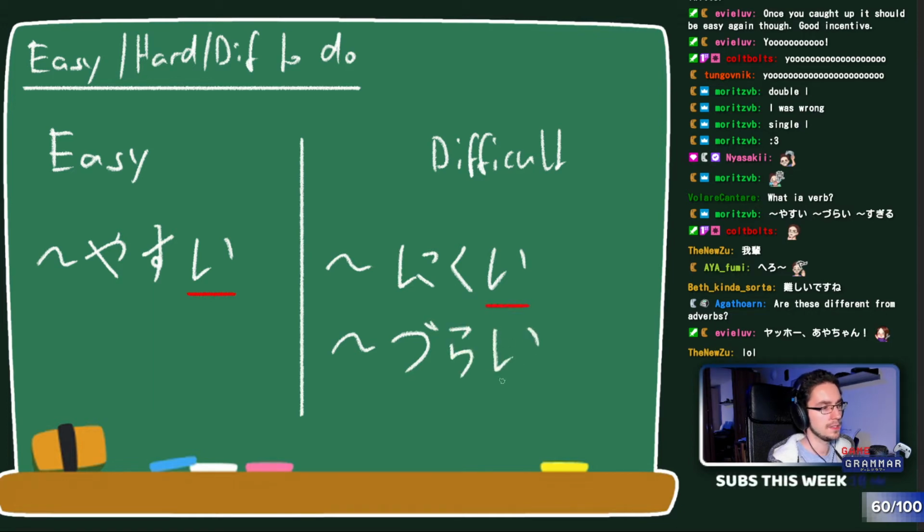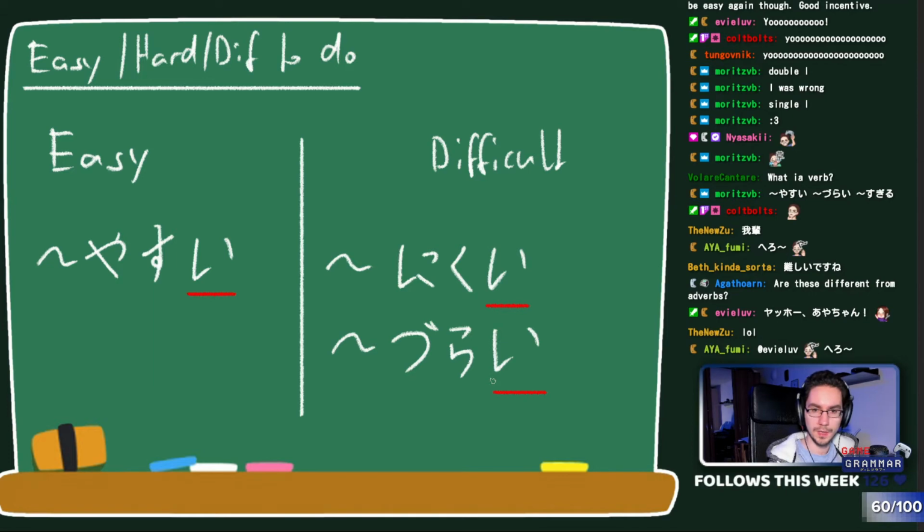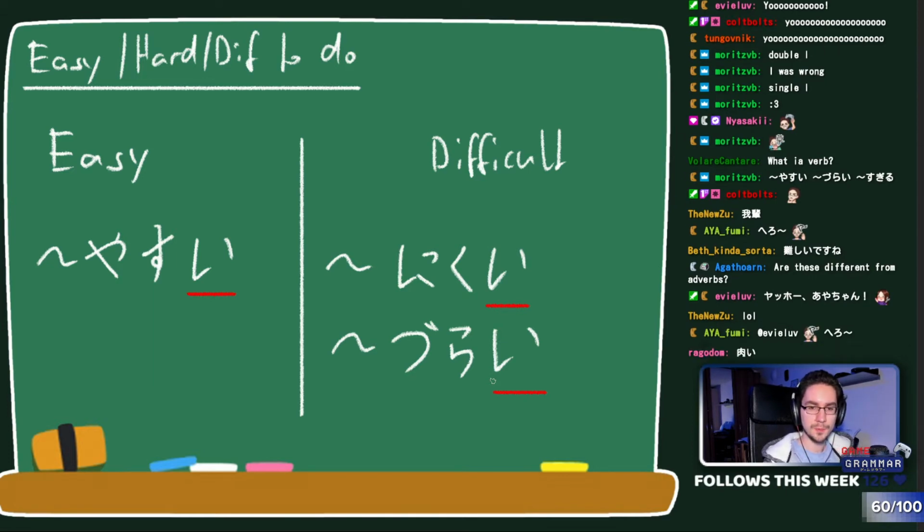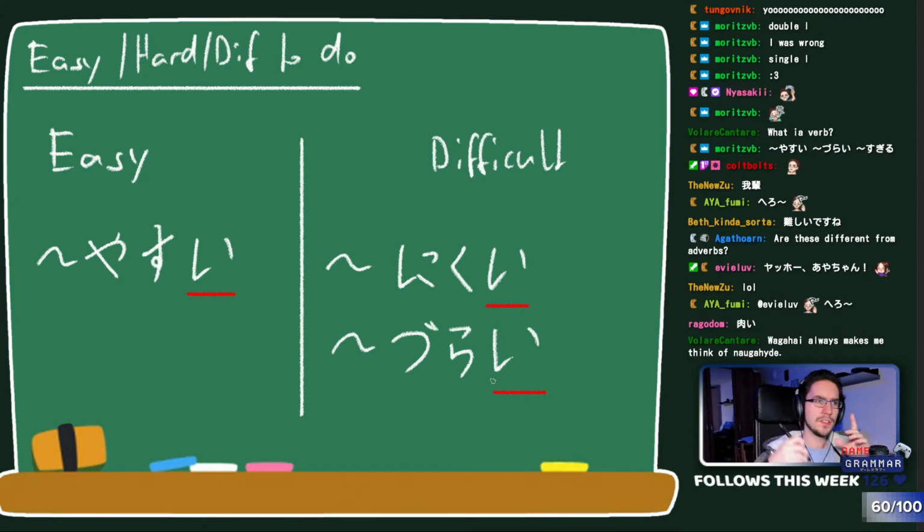These are, broadly speaking, your 2 options here. Again, both of these work like e-adjectives, which means that also if you wanted to conjugate them, you can. Are these different from adverbs? They are different from adverbs in as much as their positioning is different, but their function is a little similar.